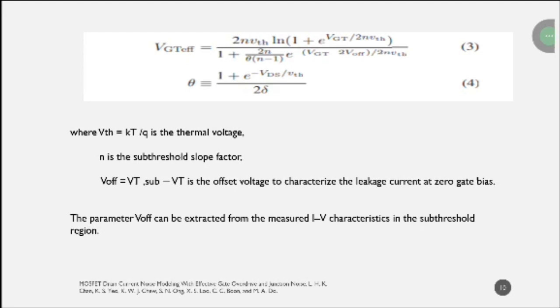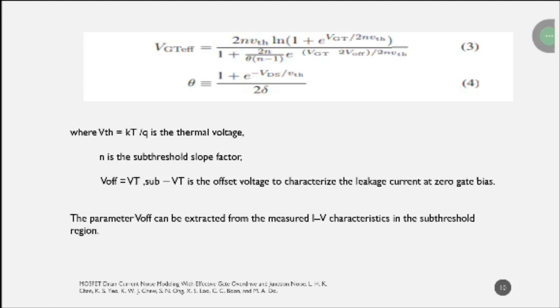Delta is the noise parameter defined here. VTH is the kT by q thermal voltage, which at room temperature will be 26 millivolt. n is the subthreshold slope factor, whereas in the subthreshold region the linear region occurs with slope, so n is the subthreshold slope factor.